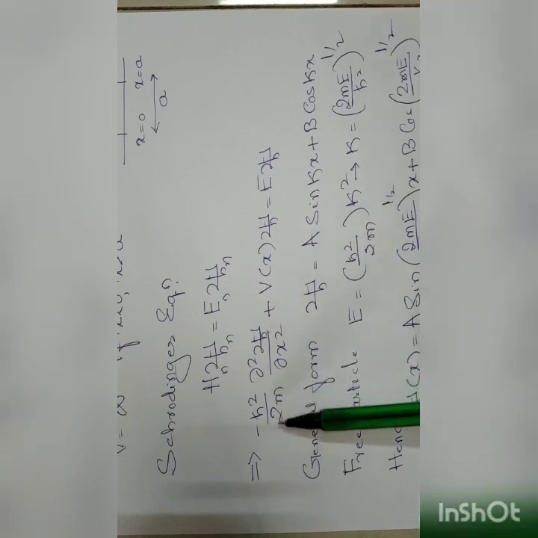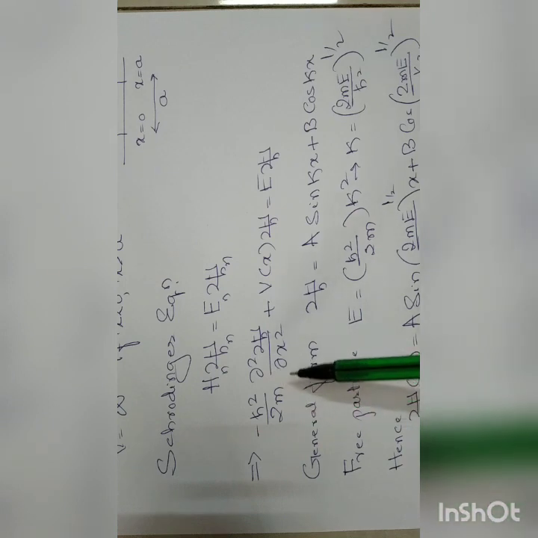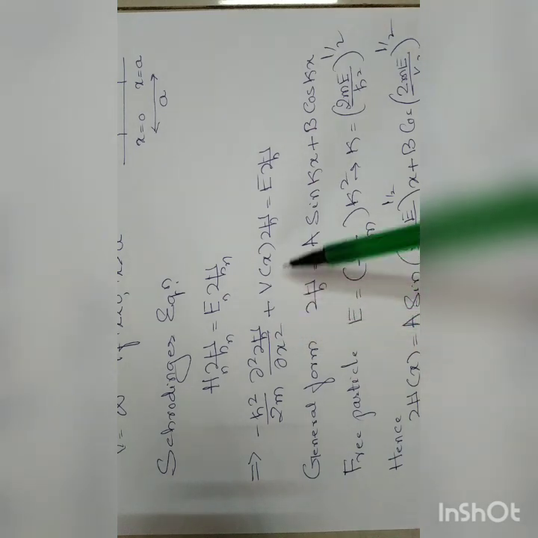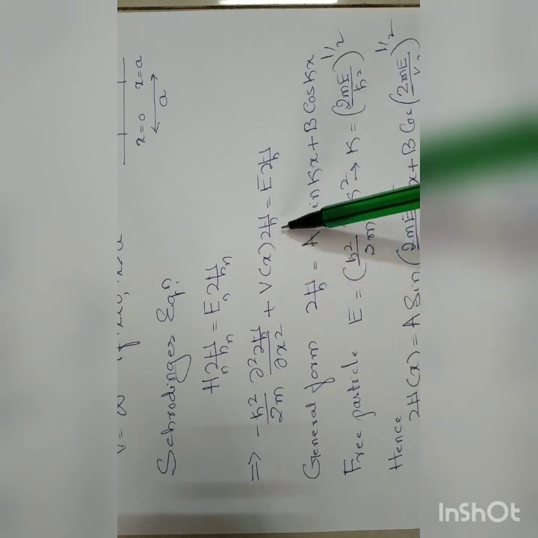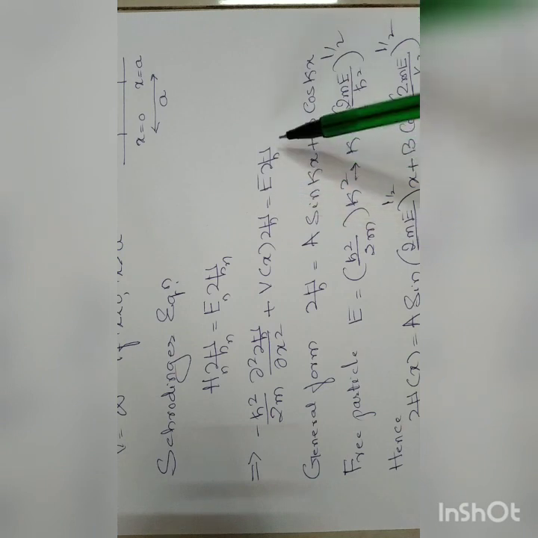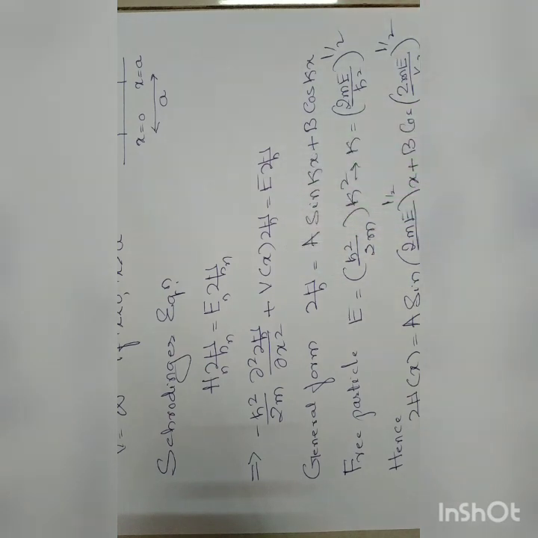This minus h cross square divided by 2m d square upon dx square is the operator form of kinetic energy, plus V of x, that is potential energy, operating on the wave function psi, is equal to E into psi. Here n has been omitted, but otherwise it is understood that it has n.